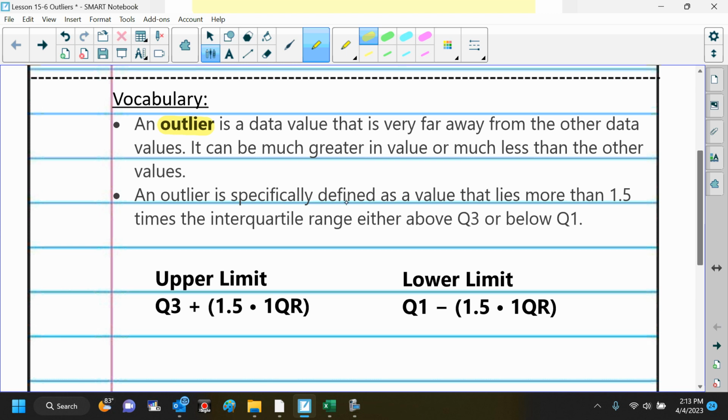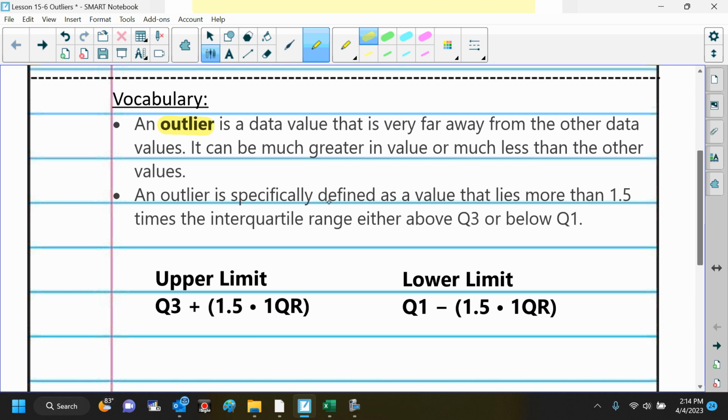For example, if you had a class of quizzes and everybody got A's and B's, so like 80s and 90s and some hundreds, and then somebody didn't study and they got a 40. That grade would be an outlier on the lower end, okay? It's a data value that is far, far away from the other values.